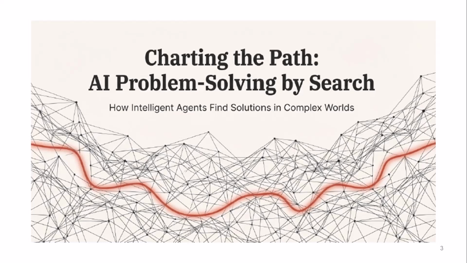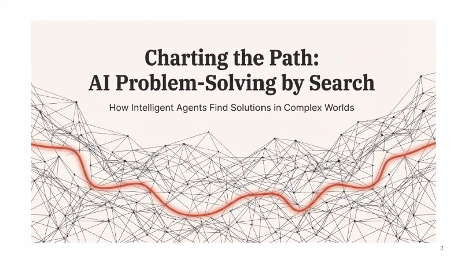So now recap that an intelligent agent from week 2 simply perceives and acts to maximize its performance. Now, what happens when the best action isn't obvious? Like driving from Lagos to Abuja, there are dozens of routes. Now, the agent can't just guess the fastest one.